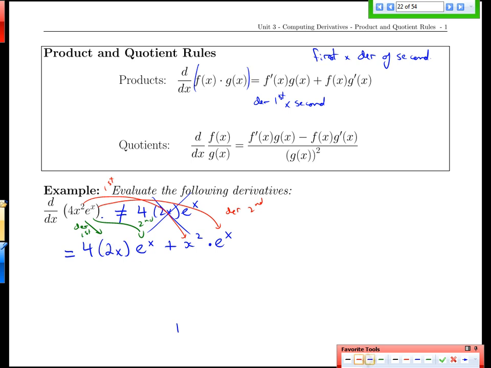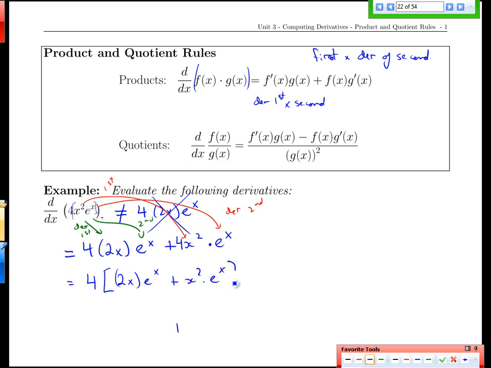Now we have to be a bit careful. You'll notice that this term doesn't have a 4 in it. There's two different ways we could have handled that. We could have thought of the first term as 4x squared, in which case we get 4 times 2x and 4x squared here. Or we could have simply said that this function is made up of 4 times this entire other thing, and then written it as the derivative inside without the 4's.